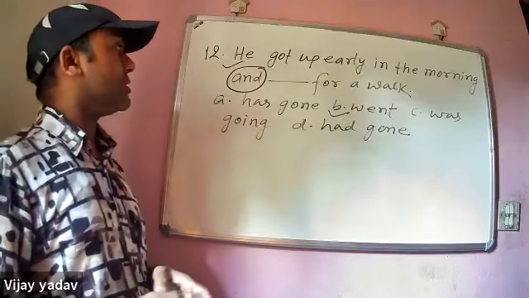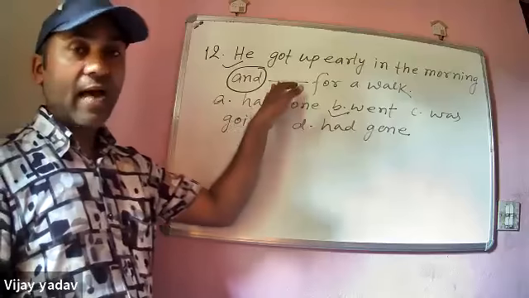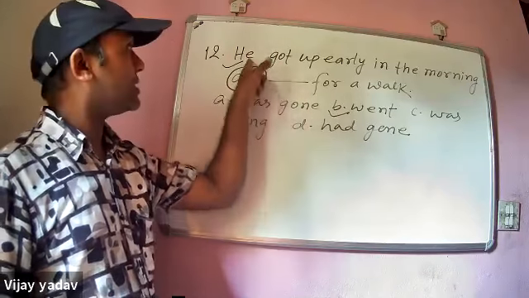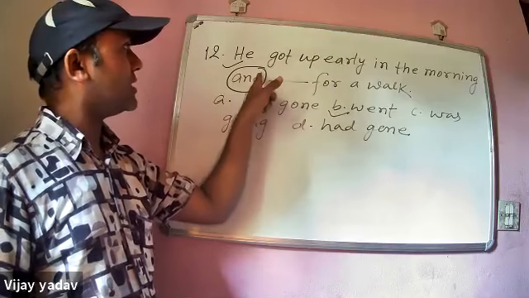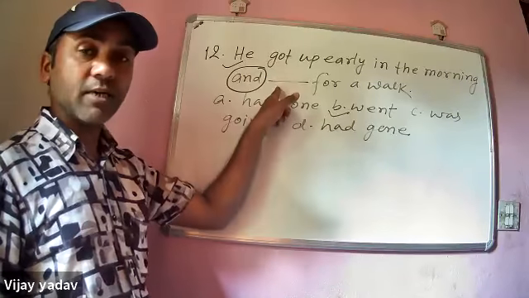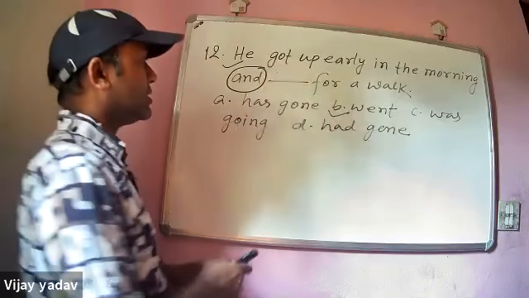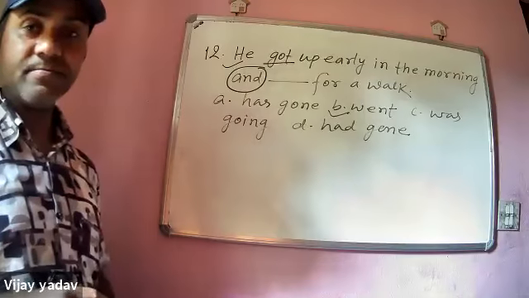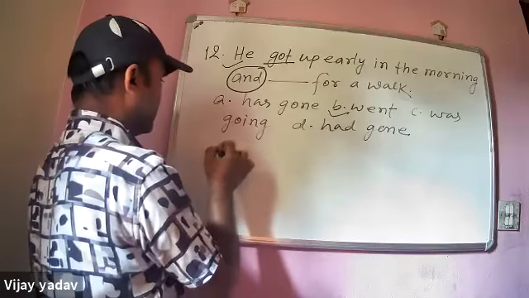The second clause has also the same subject which is hidden here. So both the clauses are joined by and they have the same subject. That's why we use the same tense. So here got is simple past and here also simple past. Is it clear?